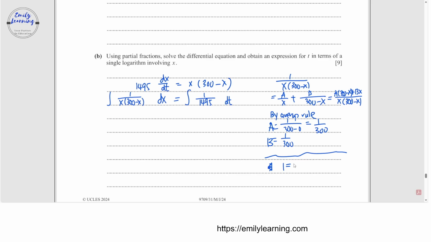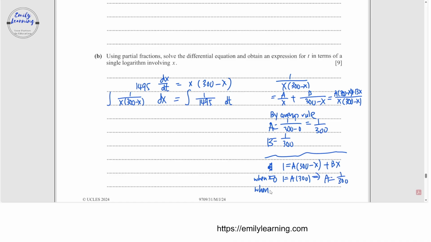So 1 equals A(300 − x) plus Bx. When x is 0, I have A times 300, then B times 0 is simply 0, so A equals 1 over 300.